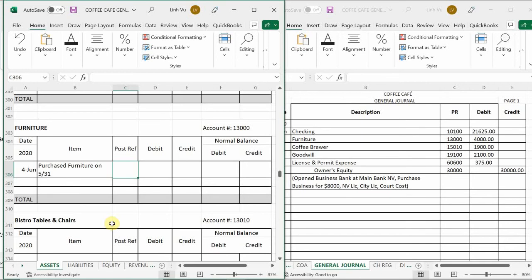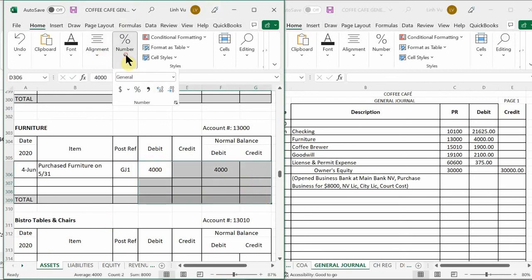We could say that we acquired the furniture because eventually we're just going to sell it, so we don't care to know what the furniture item is. Again, post reference, it's our first general journal. How much did I purchase the furniture for? $4,000. So therefore, I should have a debit balance of 4,000.